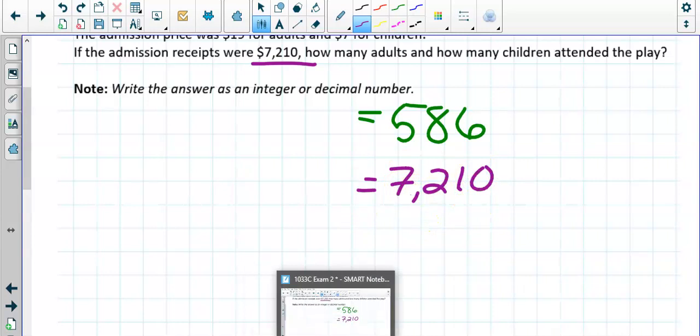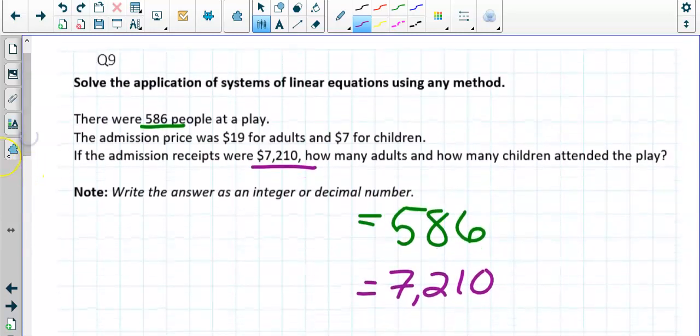So now we need to write the equations for these. We know that they're going to be in standard form. We know that we have to have two variables over here that equal that total. So let's start with the bottom equation, because it's going to make the most sense once I finish that one with how the top one, the 586, will come out.